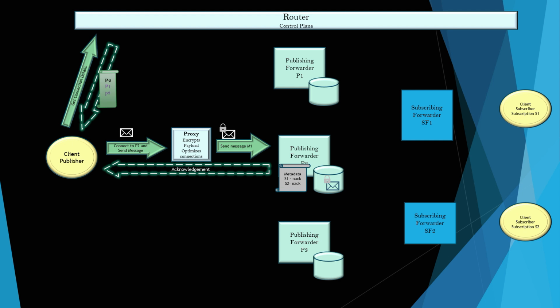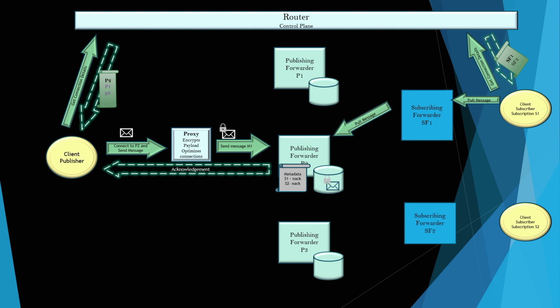Next, the client subscriber will check with the router to see which subscribing forwarders are available for this topic. The router will send a list and there will be a recommendation. The client subscriber will connect to the subscribing forwarder, here it is SF1, and do a pull request.